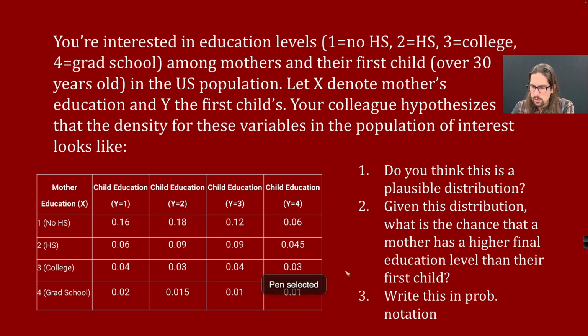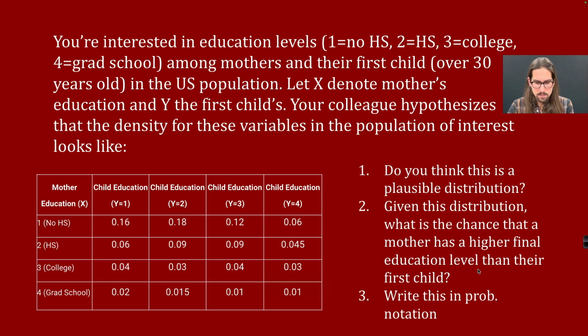So this is an interesting question. It's a little bit different than what we were seeing before, because before we were asking, assuming the mother's education is 1, we want to know the probability of mother's education equals 1 and child's education is greater than 2 or something like that. If you go to the previous slides, we were asking about probabilities like that. But here, we're relating the mother's education to the child's education.